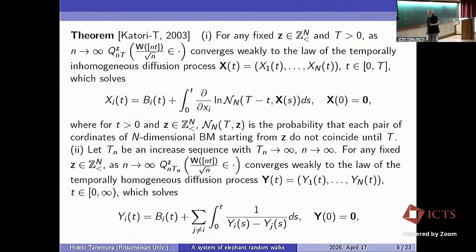And here the function h is a harmonic function of absorbing Brownian motion, and this is the h-transform of it. This result is not original to this paper.